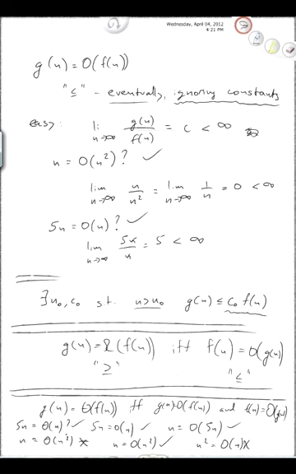So that means we have to take the limit as n goes to infinity of n squared over n. And that's the limit as n goes to infinity of n, which is infinity. So that's not a constant less than infinity. So this is not true here. So wrong. And so n is not theta of n squared.